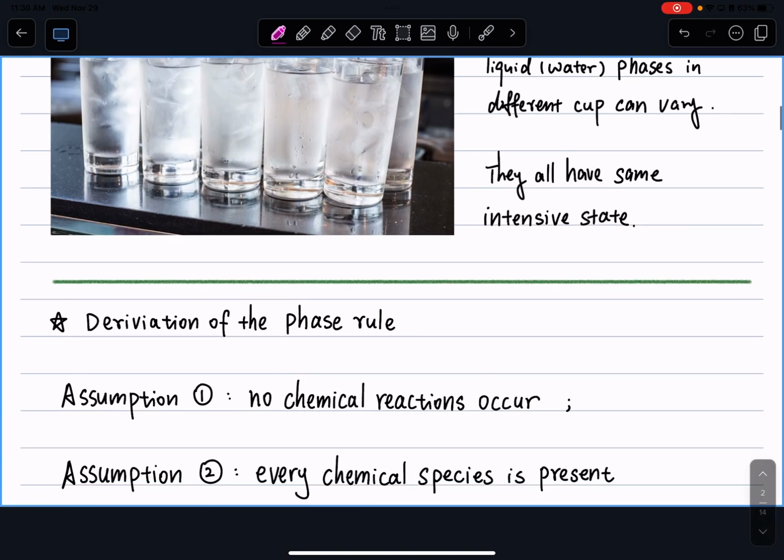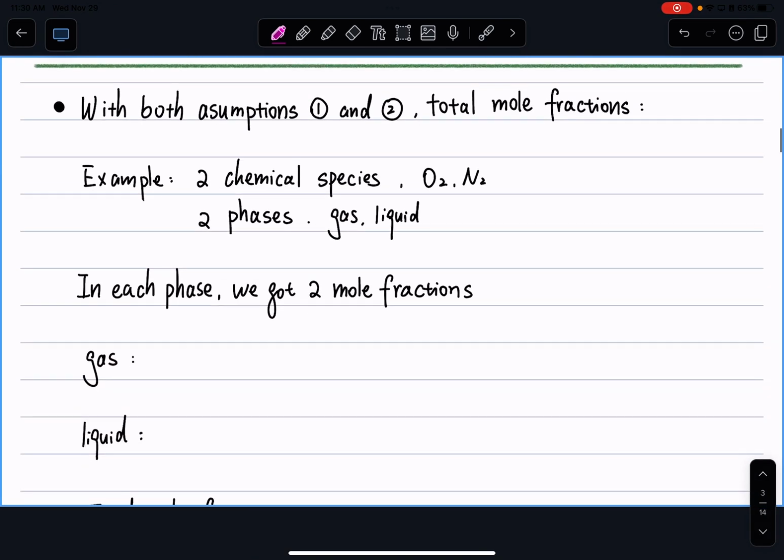With both of our assumptions, what are the total mole fractions available? We're talking about intensive properties. On top of temperature and pressure, we have mole fractions that describe the composition of the mixture.